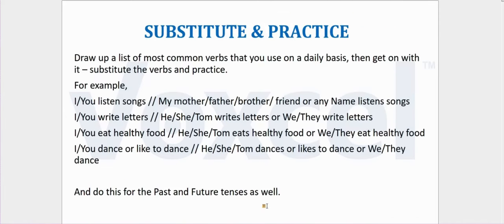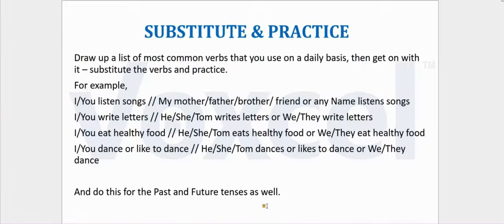So this is one of the most important things that you should practice: substitute and practice. Draw up a list of the most common verbs that you use on a daily basis, then get on with it. Substitute the verbs and practice. For example, you can use I or you, listen songs. So it's plural.